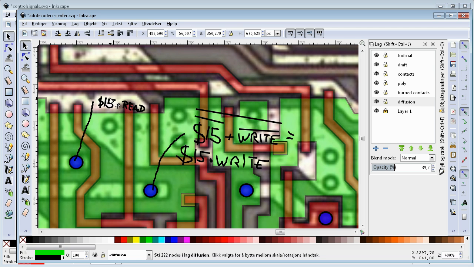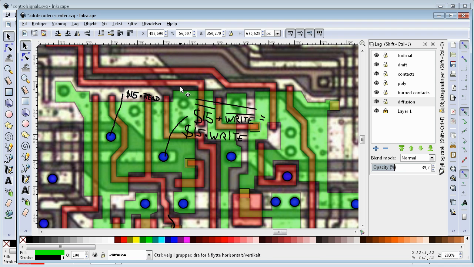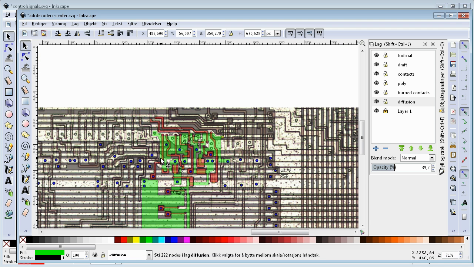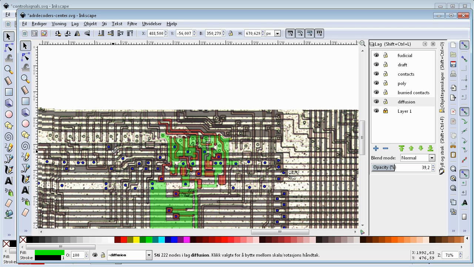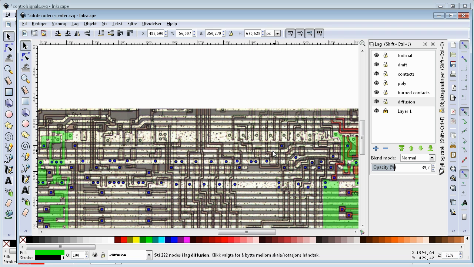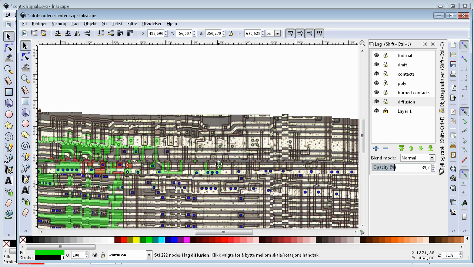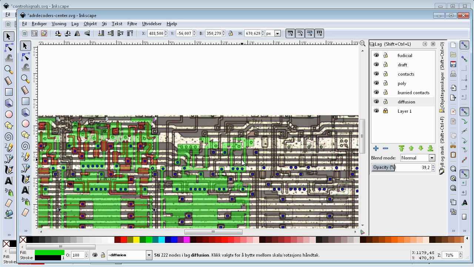So if this one is decoded and the read strobe is strobing, so to say, then this line here is active. So we can follow it if you want. This will be the 15th, and I think it will go through all the registers.